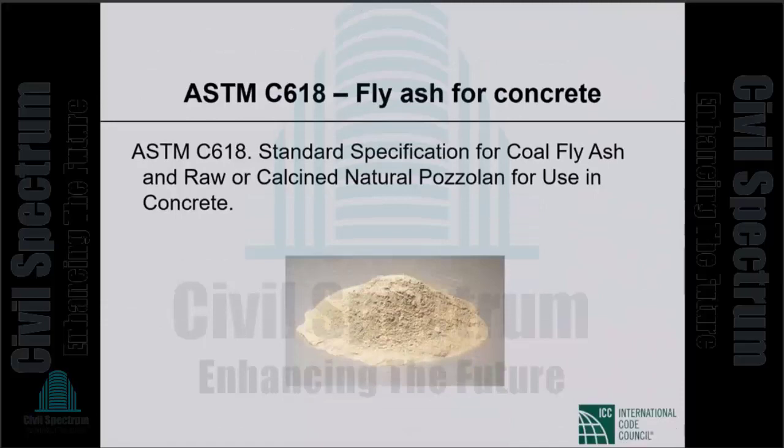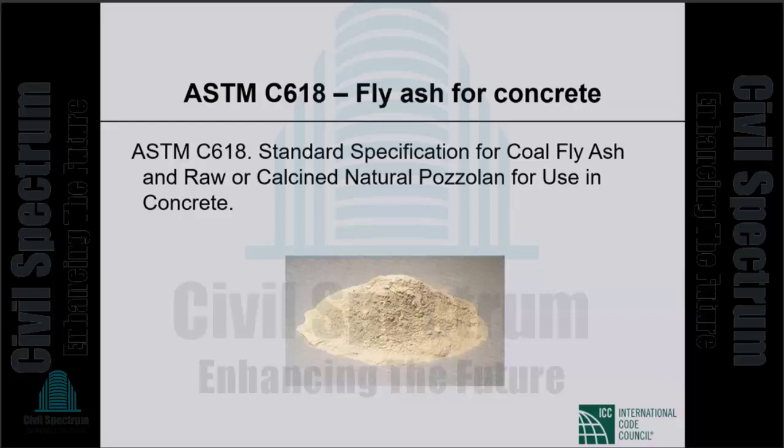Fly ash, probably the most common mineral admixture that is used in concrete. Fly ash gives the concrete a very dark color, but fly ash itself is not dark, as you see in the picture. The fly ash that you use must comply with ASTM C618.